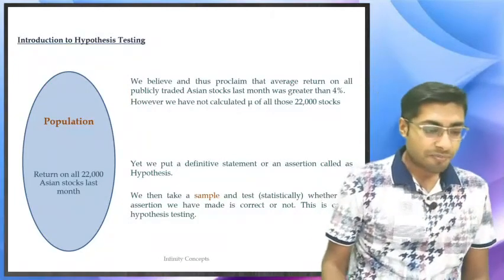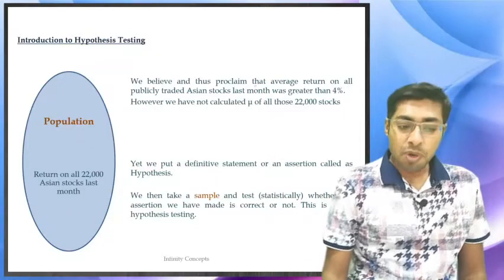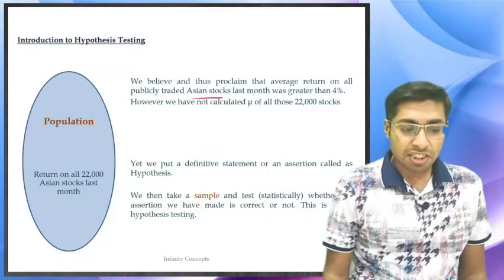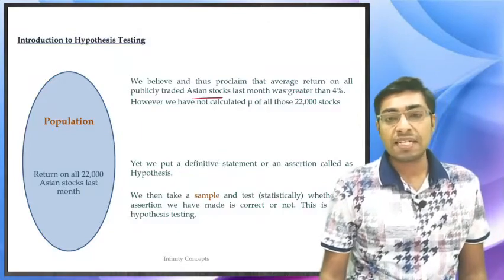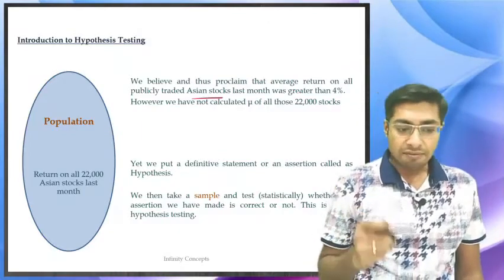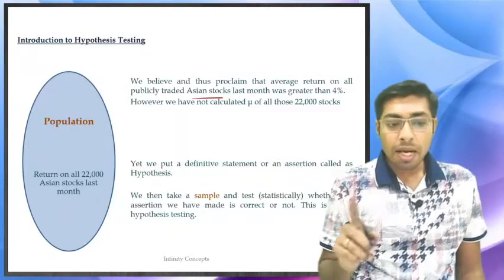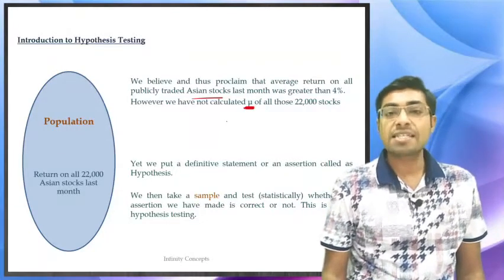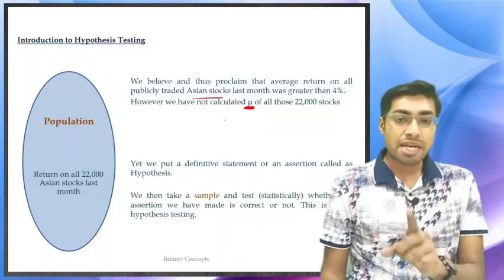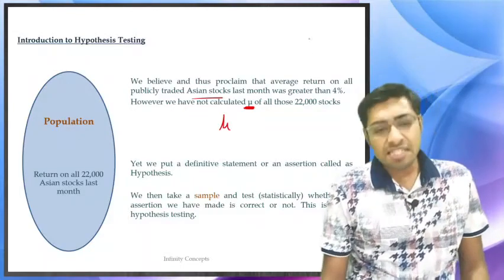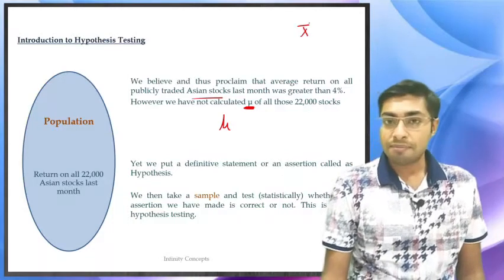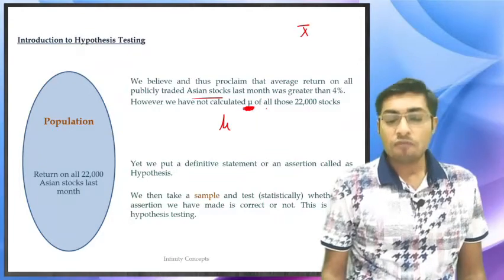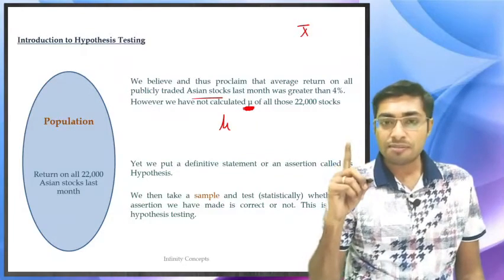So what are we going to do? We believe and thus proclaim that the average return on all the publicly traded Asian stocks last month was greater than 4%. However, we have not calculated mu. Mu is the population mean, and if it is a sample mean, it will be known as x bar. However, we have not calculated the mu of all those 22,000 stocks.